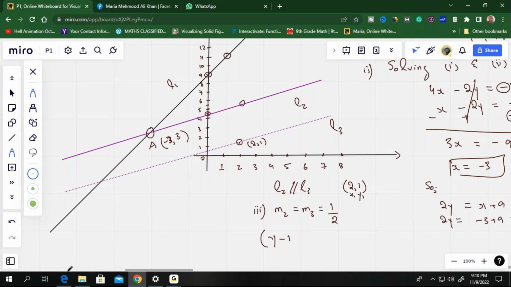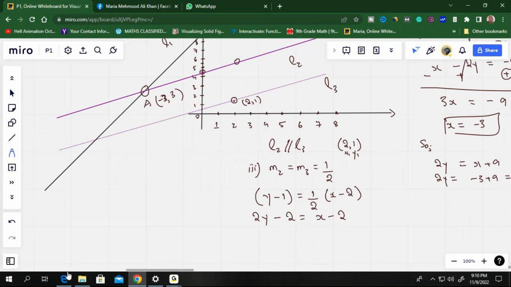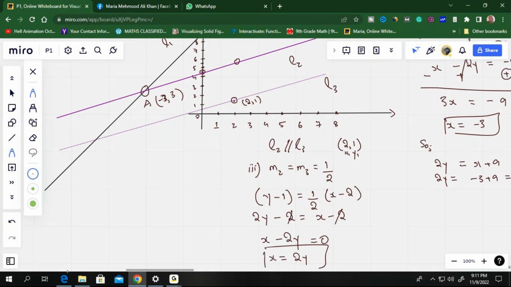So y minus y1 equals m times x minus x1. Then 2y minus 2 equals x minus 2. So L3 is x minus 2y, minus 2 and minus 2 got cancelled, equals 0, or x equals 2y. This is the equation of your L3.